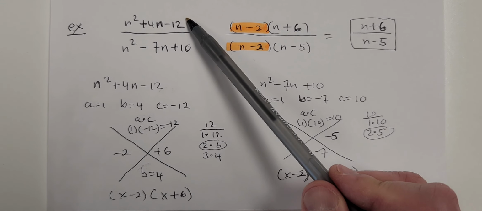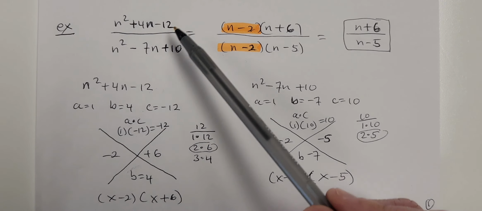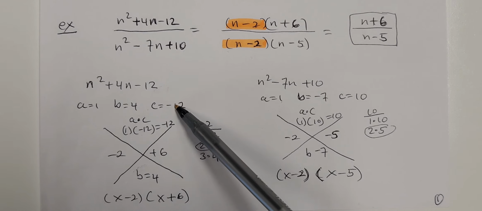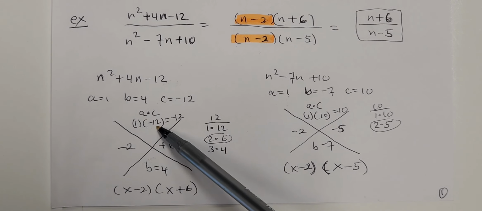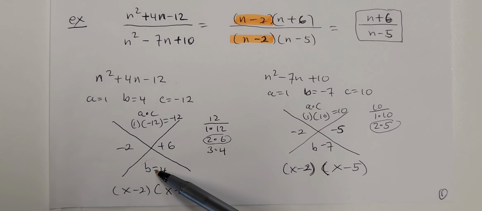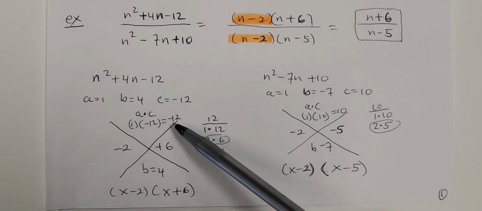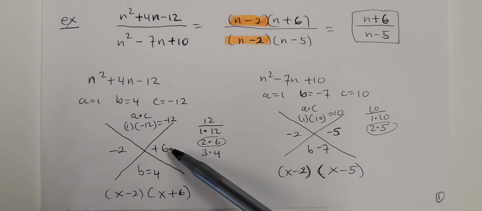Okay, so the top, which is right here, is n squared plus 4n minus 12. So A is 1, B is 4, C is negative 12. Do your X method: A times C comes out to negative 12, and B is 4. The only 2 factors of 12 that work are 2 and 6.